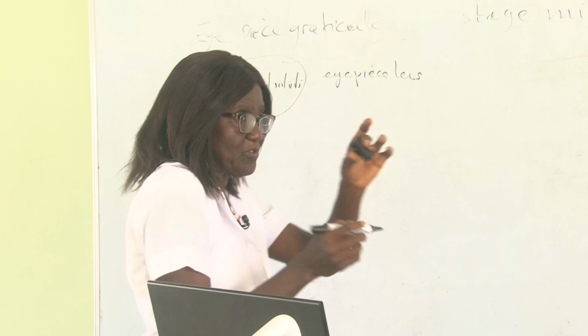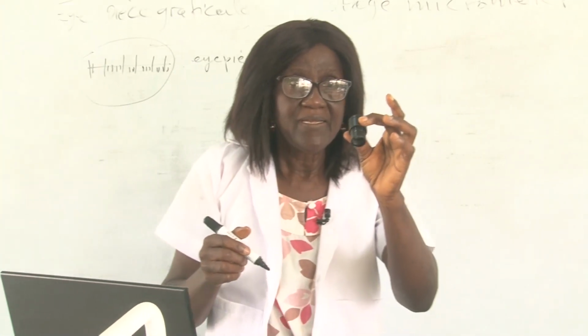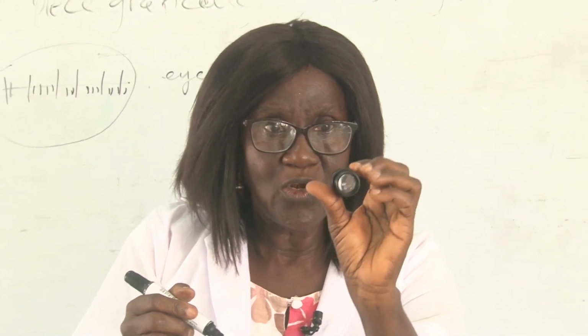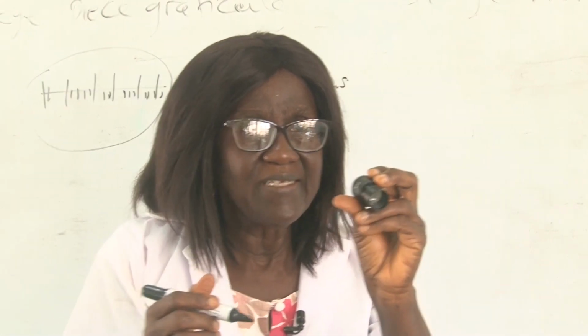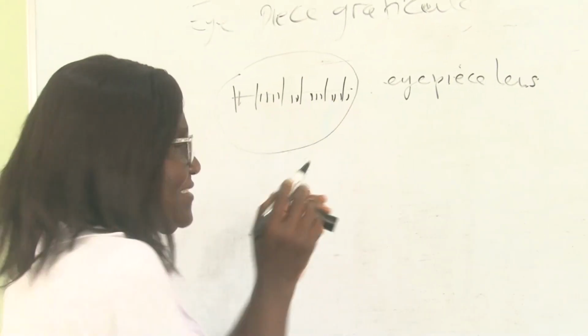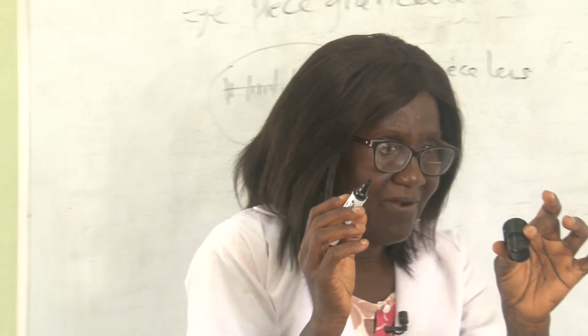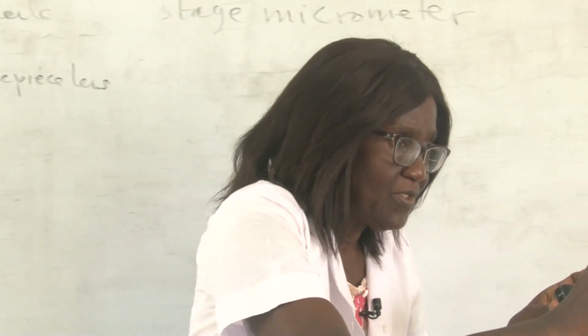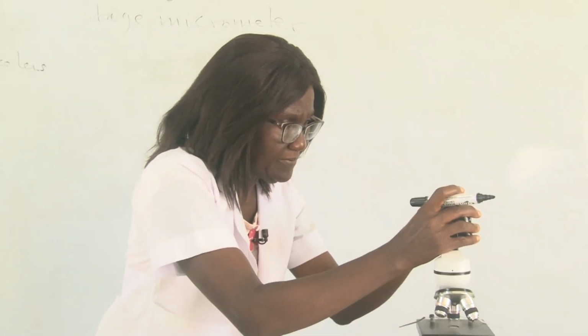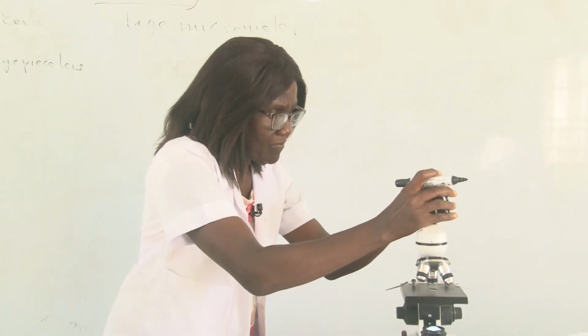This one is inbuilt in this eyepiece. If you were close enough to look, you can see there's a scale like this in the eyepiece. So I fit this one in here.